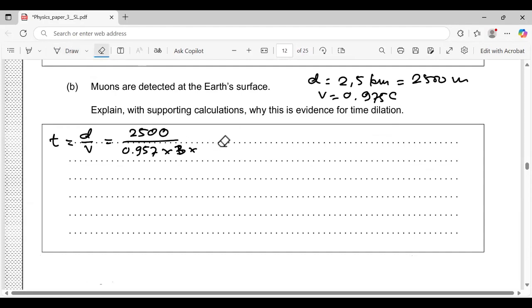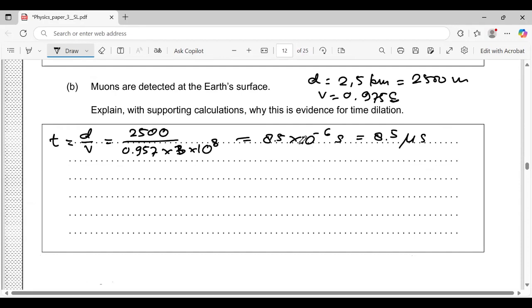C is the speed of light. It's going to be 8.5 times 10 power minus 6 s, equal to 8.5 μs.